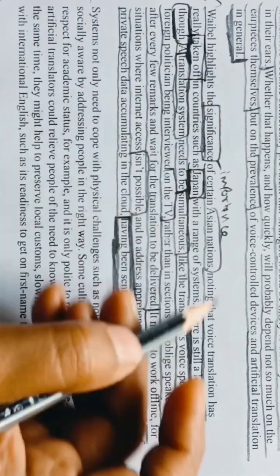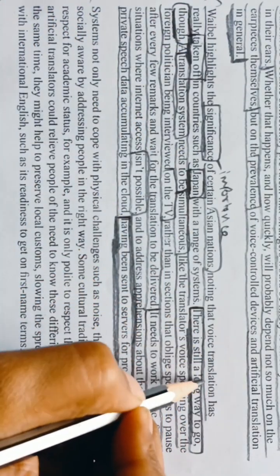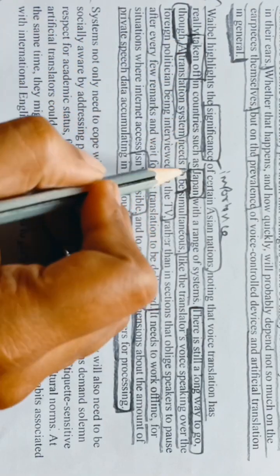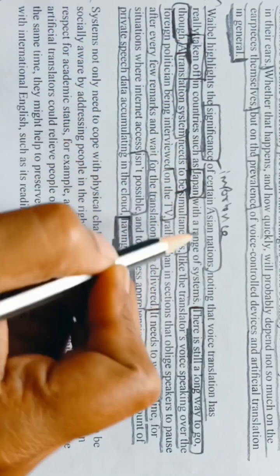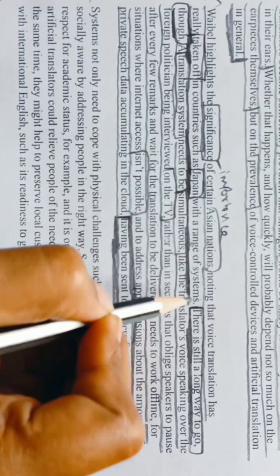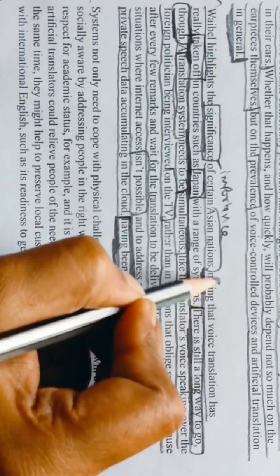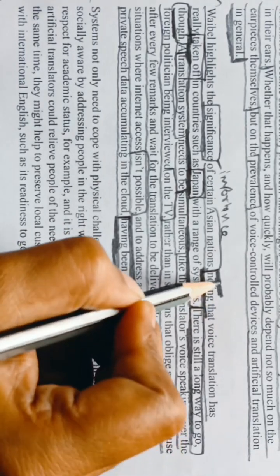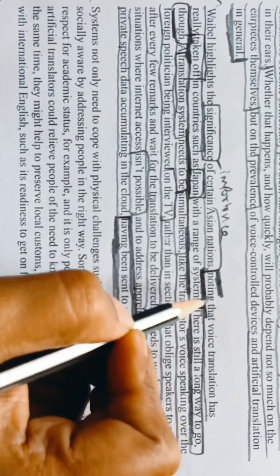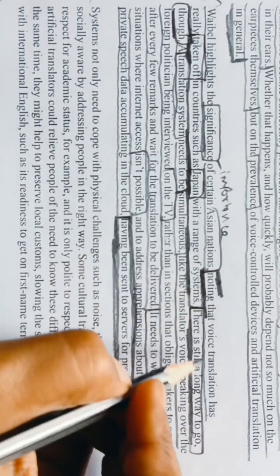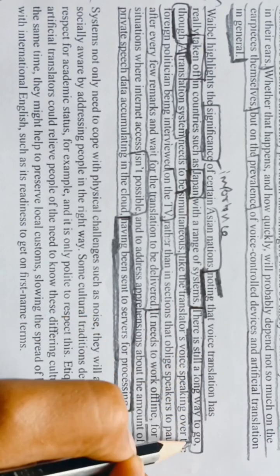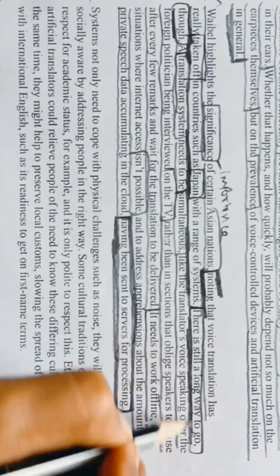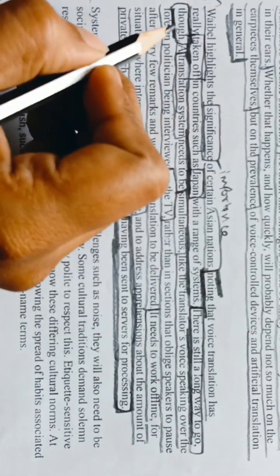Okay, so what they are saying, noting that voice translation has been developing very fast in the countries such as Japan with a range of systems. Okay, I hope you understood this. So we are getting our answer from these lines. Okay, there is still a long way to go though.